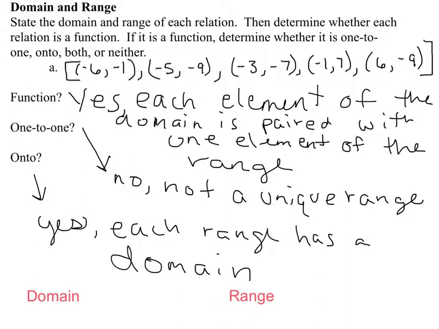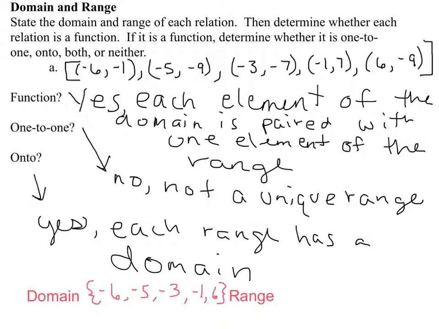One other thing that they wanted us to find was the domain and range. Domain is always going to talk about the x values, and range is always going to talk about the y values. So we're going to write those down. Our domain, our x values, we have -6, -5, -3, -1, and 6.